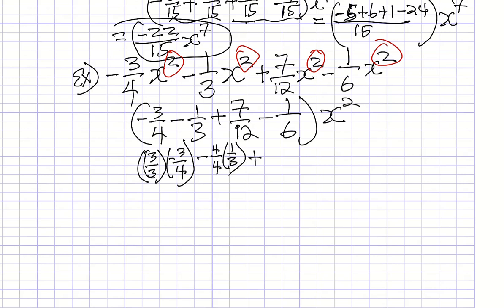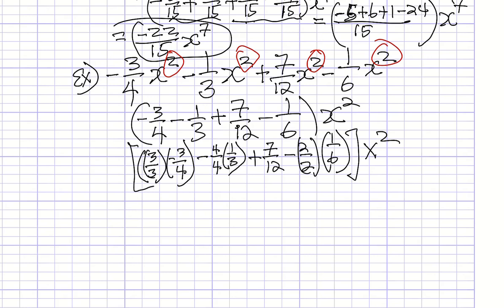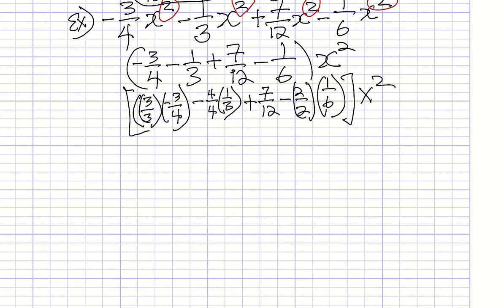And then that one stays the way it is. And this one here we'll do 2. We use 2 to manipulate it. We did 2 over 2 times 1 over 6, okay? The variable is there. So we simplify.